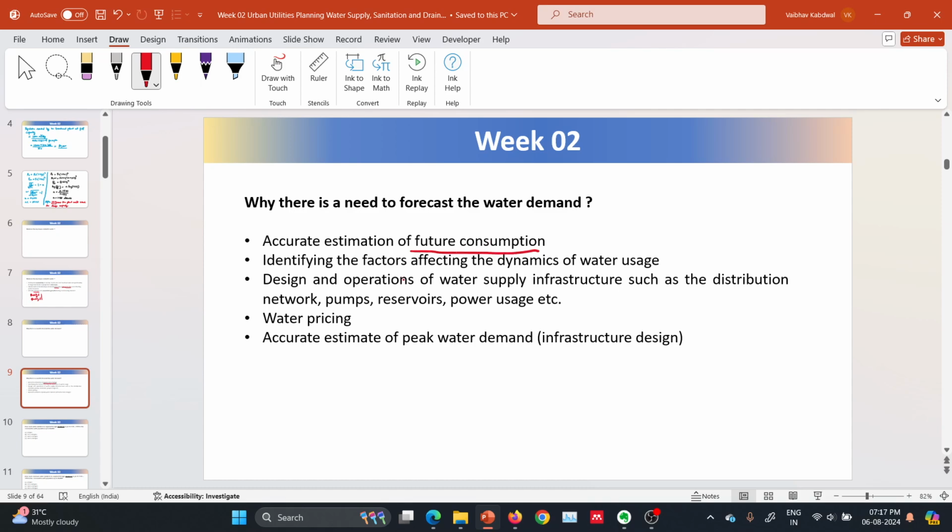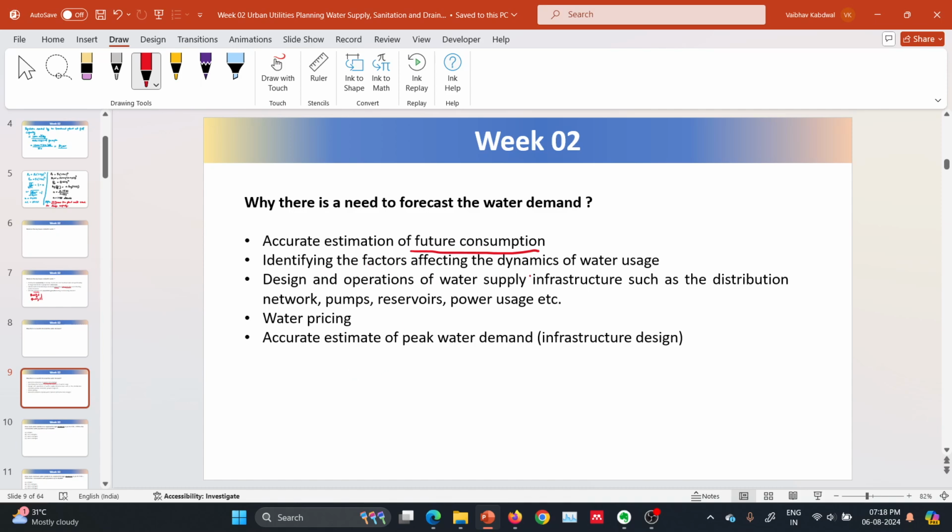We are studying this course because we want urban utilities like water treatment plant, wastewater treatment plant. Wastewater treatment plants are designed for at least 30 years, at least 20 years, let's say. So for that, we need water demand for the future. So that's why we want to estimate future water consumption.